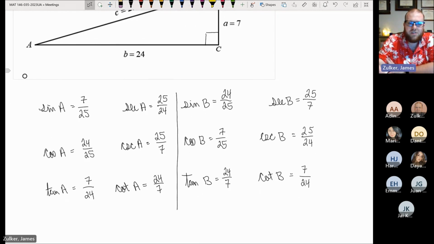Well, take a look. Sine of A and cosine of B are the same, aren't they? Cosine of A and sine of B are the same. Tangent of A and cotangent of B are the same. Secant of A and cosecant of B are the same.